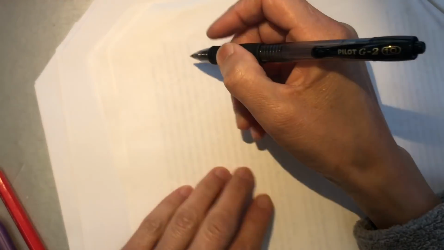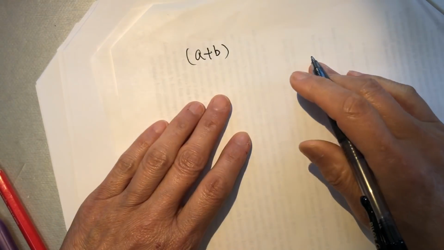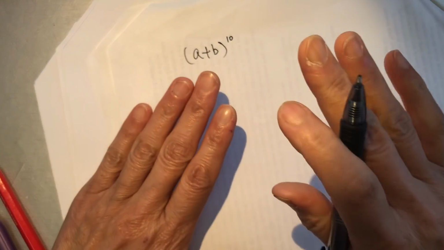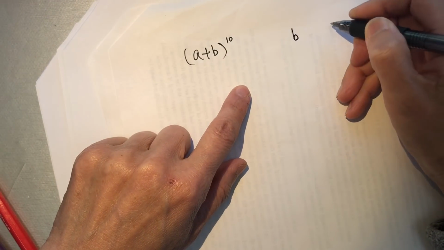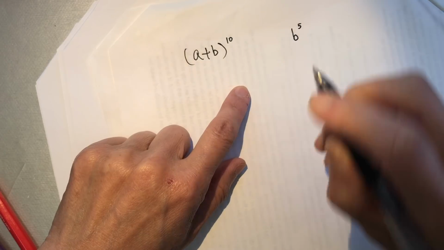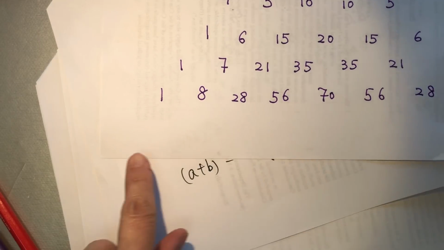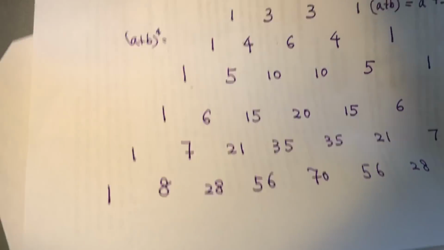Now we want to figure out, here we have a plus b to the power of 10, and we want to figure out when b is to the power of 5, what it is. You can use this Pascal number, keep on writing, writing, or you can use a formula.